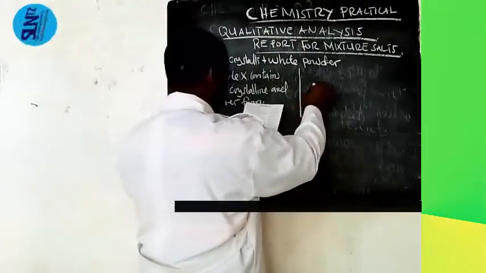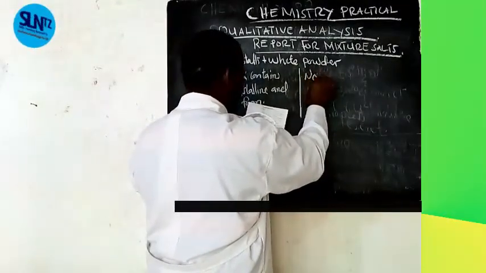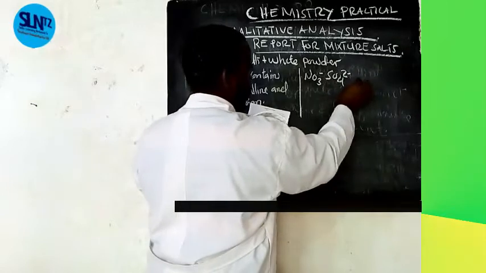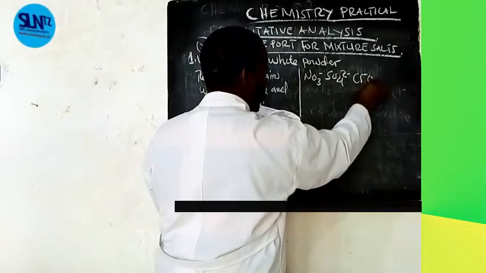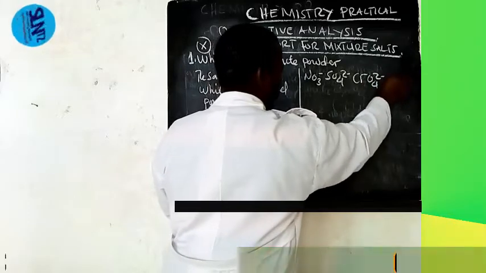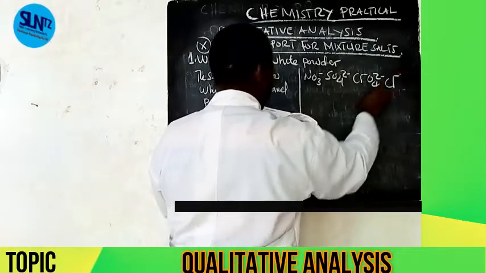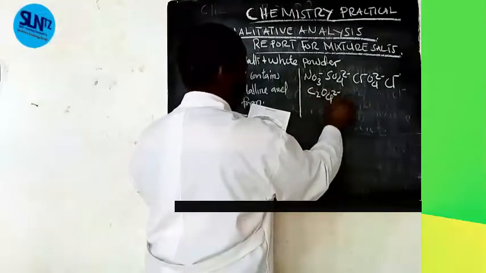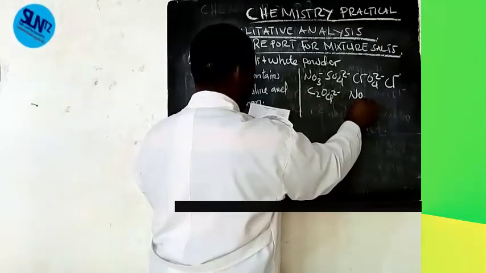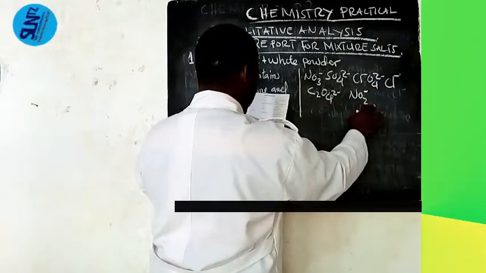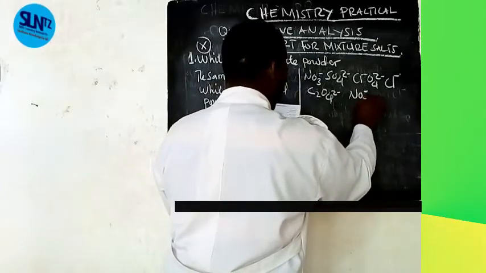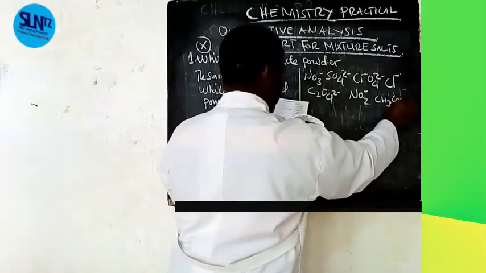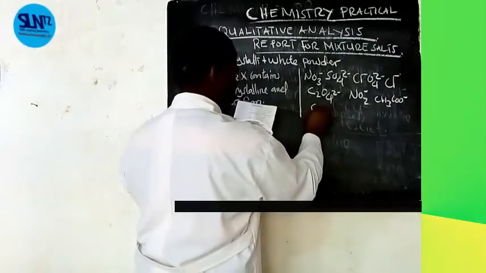So you have to write it that way. From the sheet, you write nitrate, sulfate, chromate, chloride, oxalate, acetate and chromate.